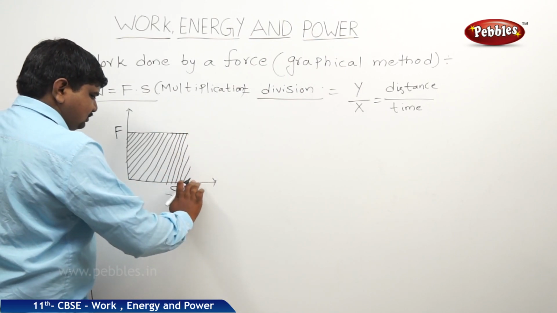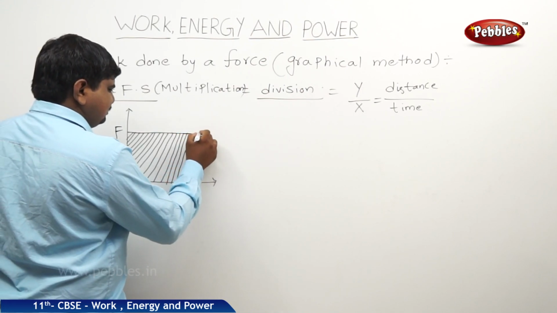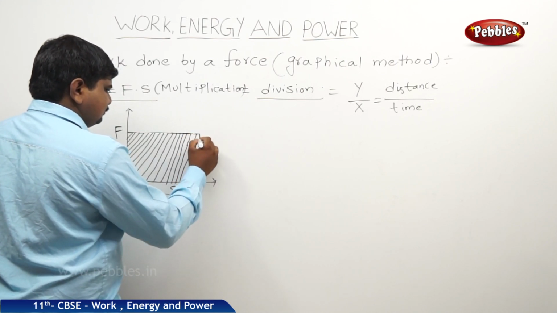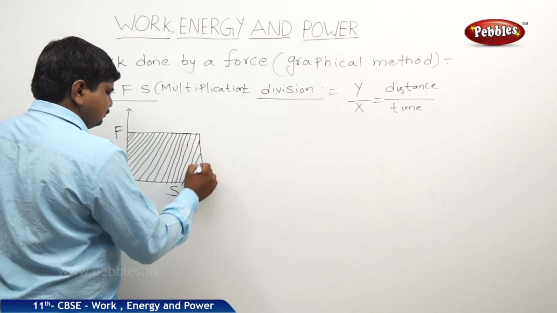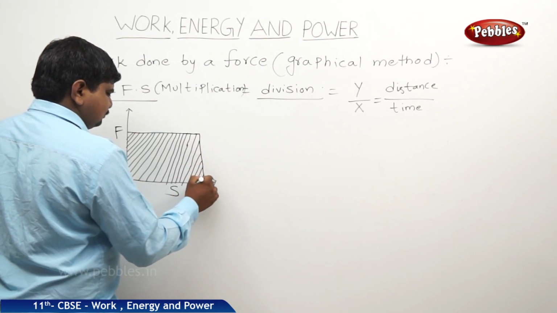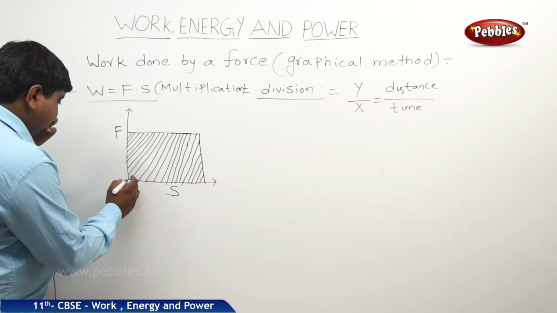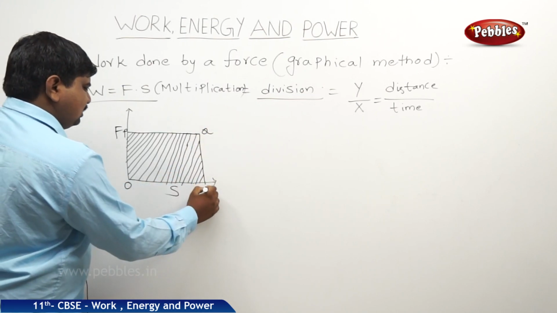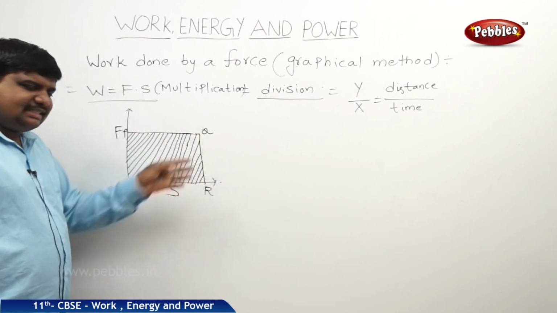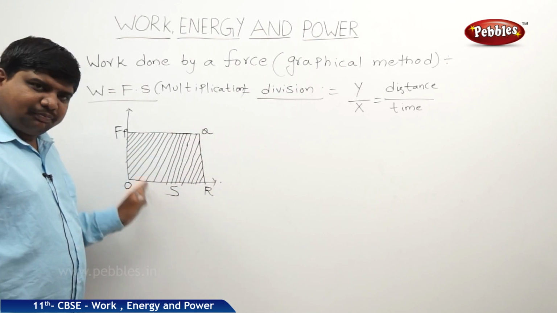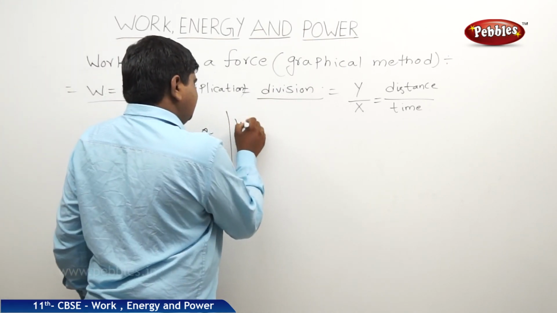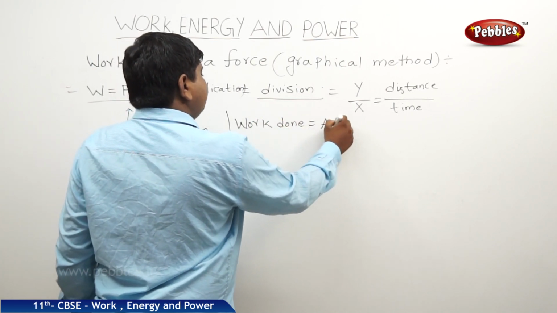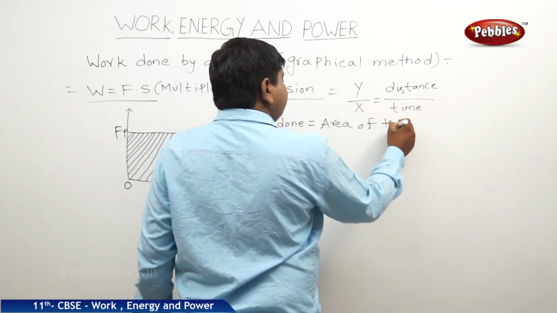Let us suppose this occupies a rectangular shape. Let the origin be O, this is P, this is Q, this is R. In this case, if the graph is shaped like this, work done is equal to the area of the graph.